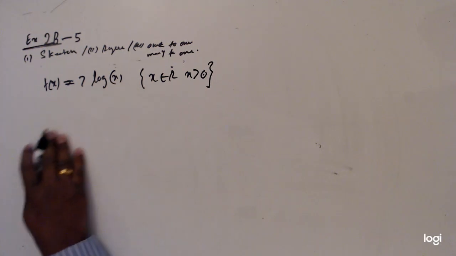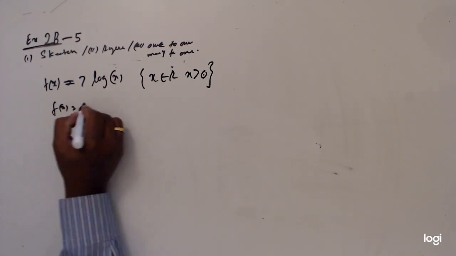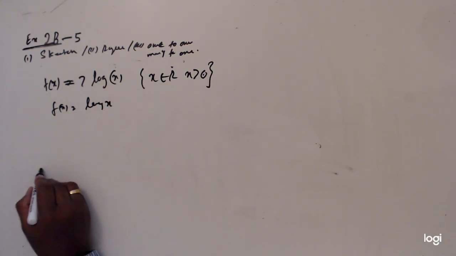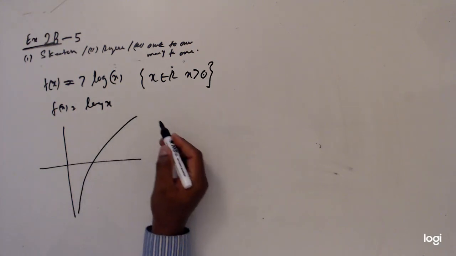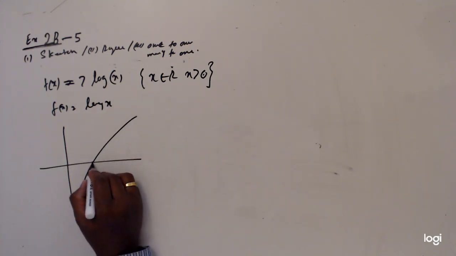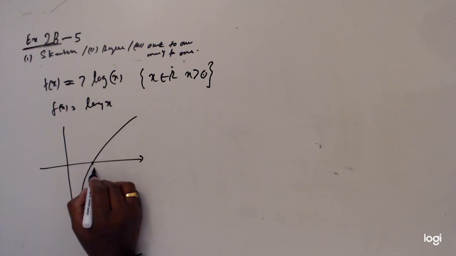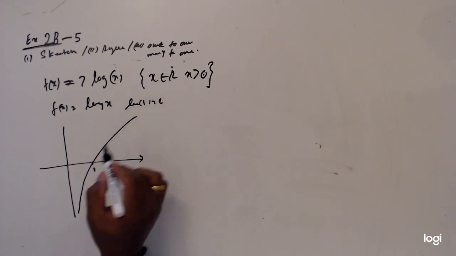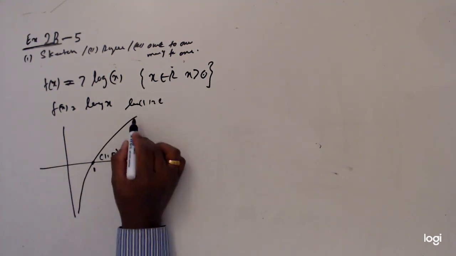To draw this graph, we should know f(x) equals log x. This kind of graph, and we know that when the x value is 1, log 1 equals 0. So the coordinate of this one is 1, 0.